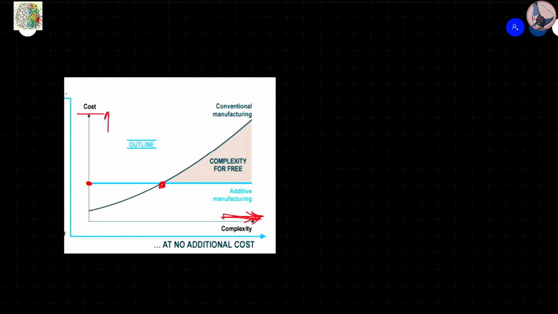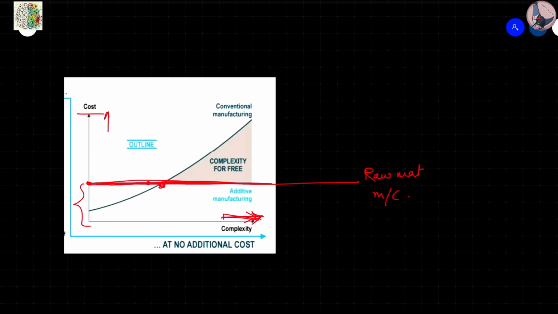In additive manufacturing, there is always a preset amount of money which you will spend. This is because you have to purchase the raw material and the machine, so this much extra money you already have to invest. But after a point, even if the complexity increases, the cost of additive manufacturing will be constant.